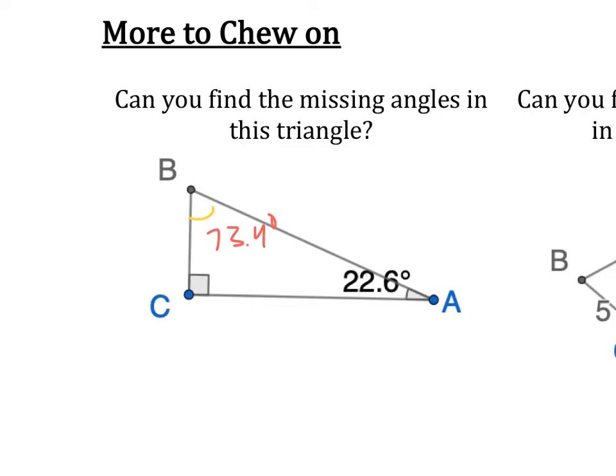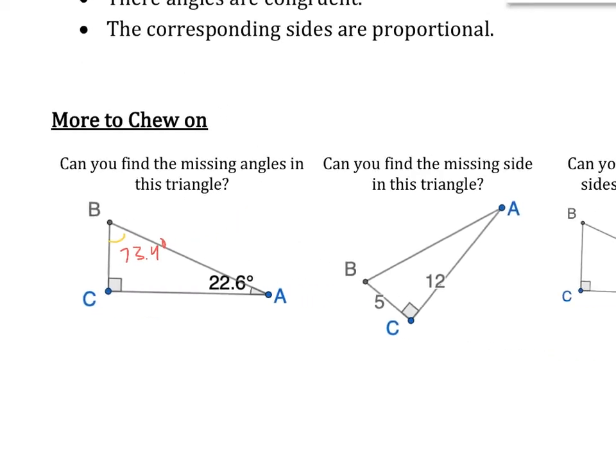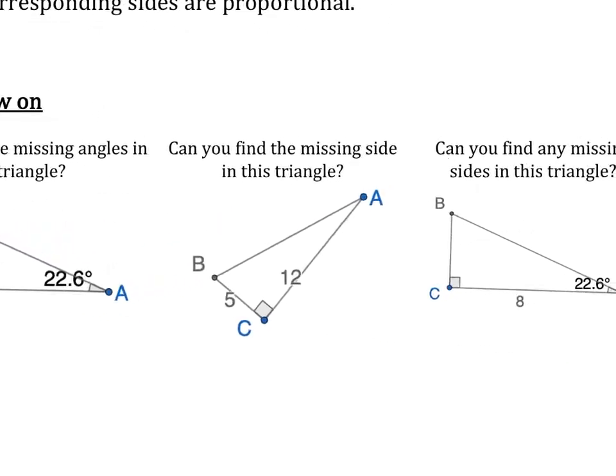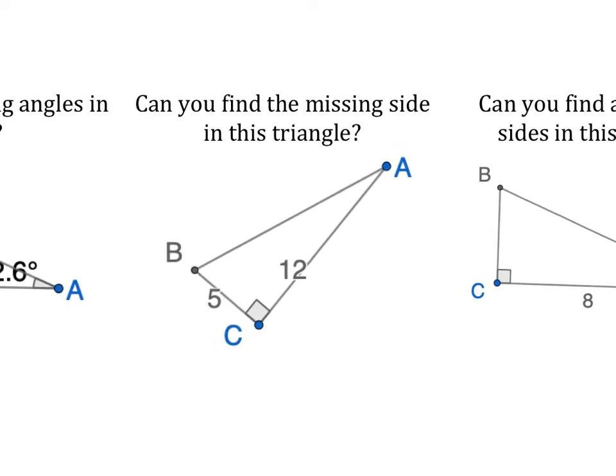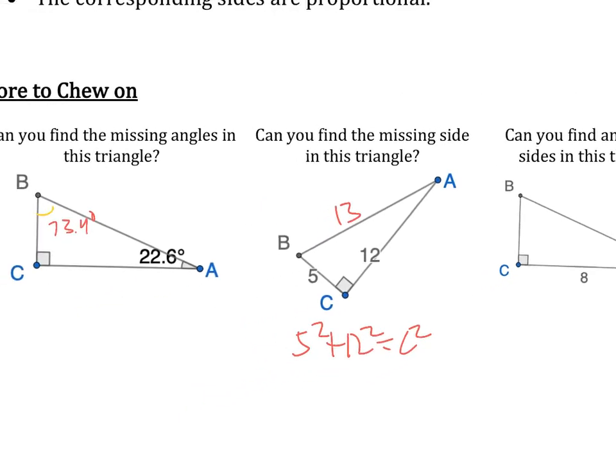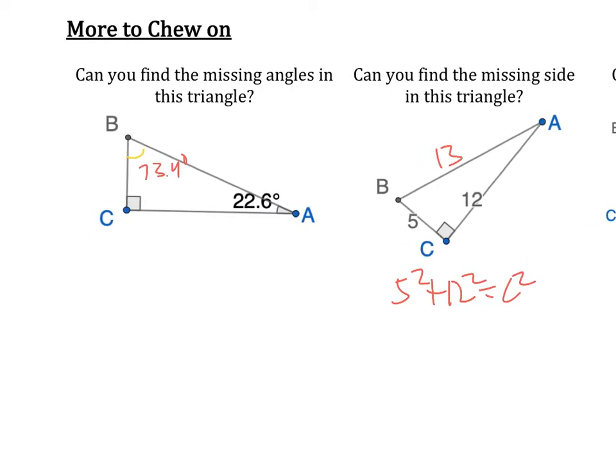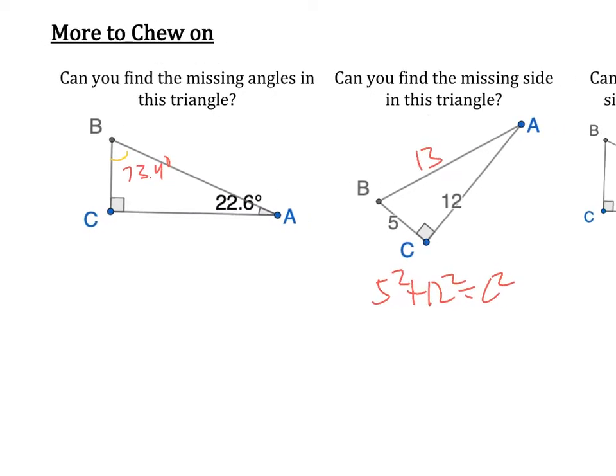So sure, we could find that missing angle. What about this guy? Can we find the missing side? Sure, we've got this tool called the Pythagorean Theorem. So we've got 5 squared plus 12 squared equals c squared. And if we solve that, that's going to come out to be 13. So we've got the Pythagorean Theorem, and we know all the angles add up to 180. So two tools: we can find a missing angle, we can find a missing side.